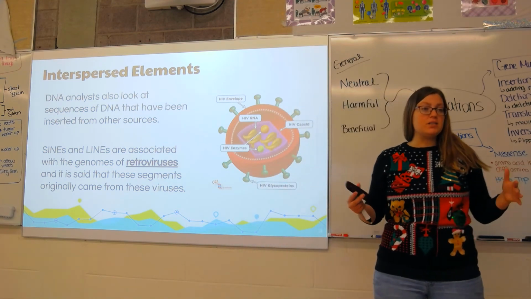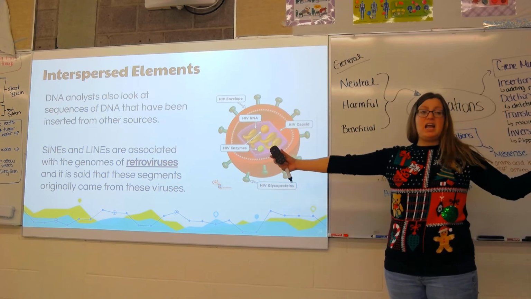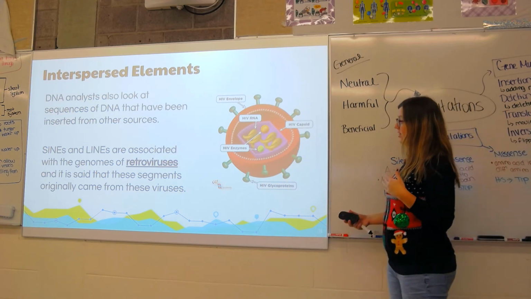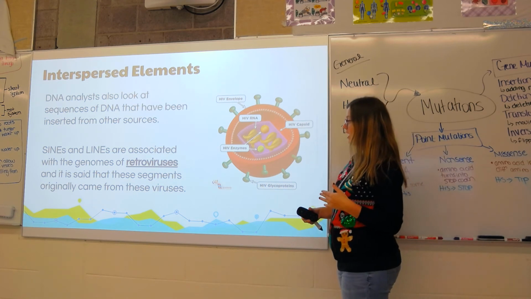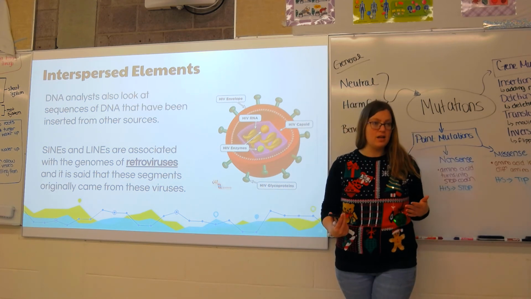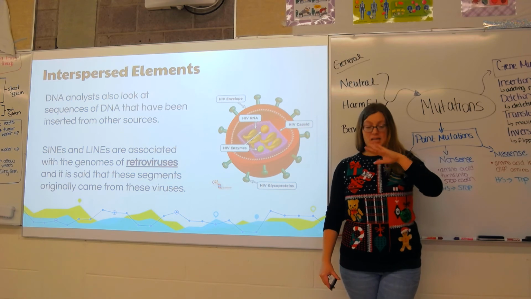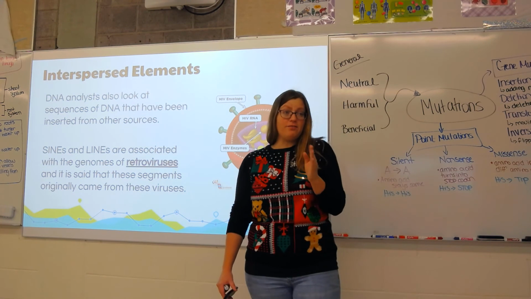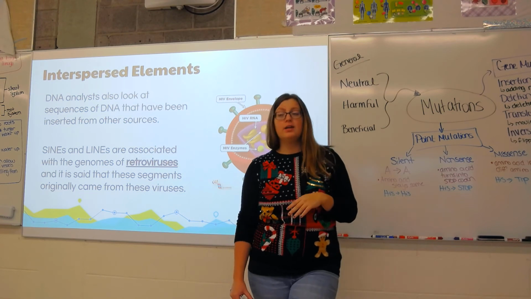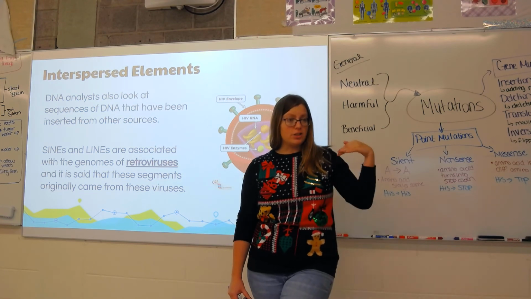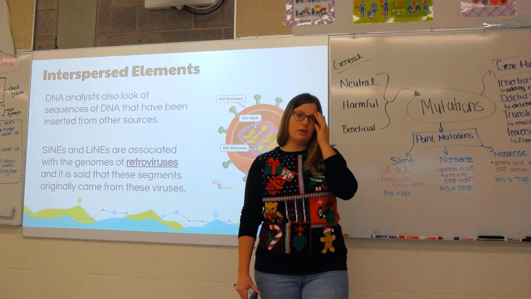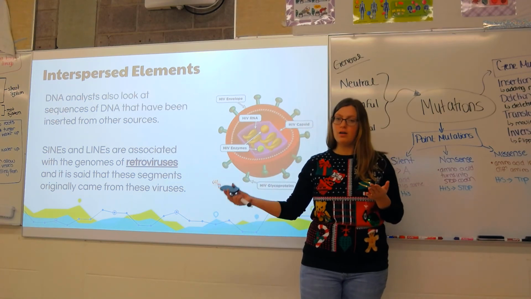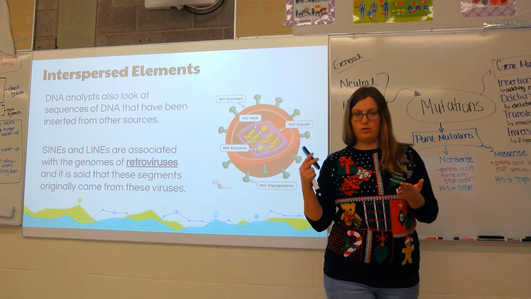And these elements are just giant pieces of DNA that don't do anything. And the evidence supports the fact that they're actually from viruses. So in the past, one of our common ancestors got infected with a virus, and that virus inserted its genome into that organism, and then it just continued to pass that genome along to future generations over and over and over again.